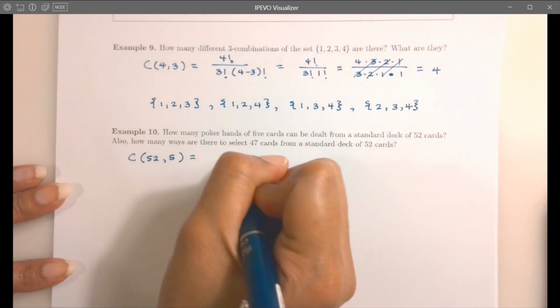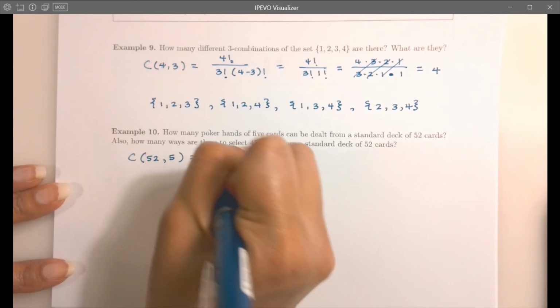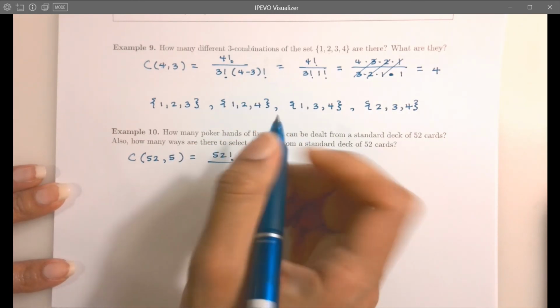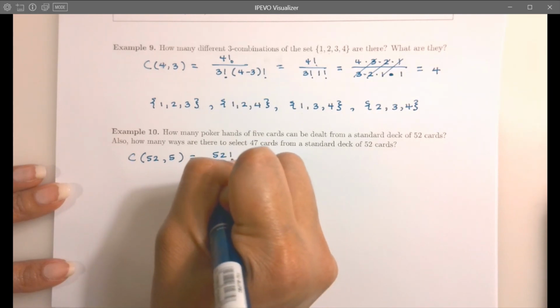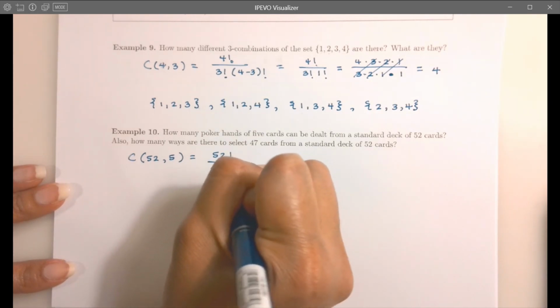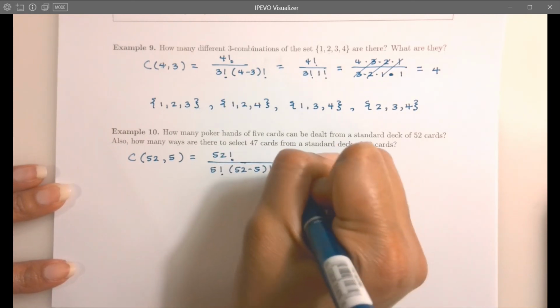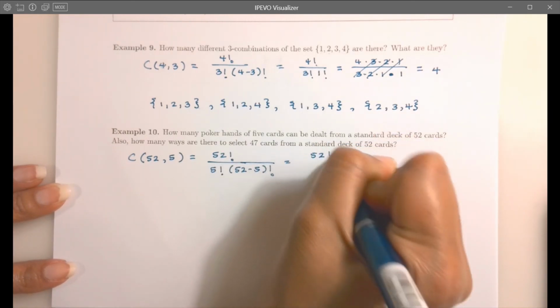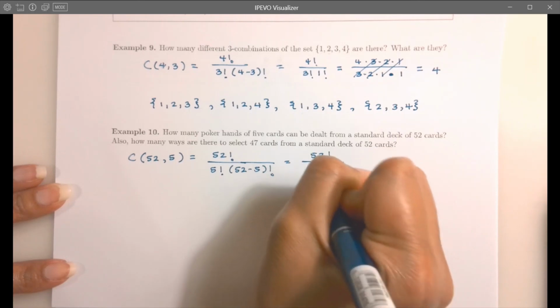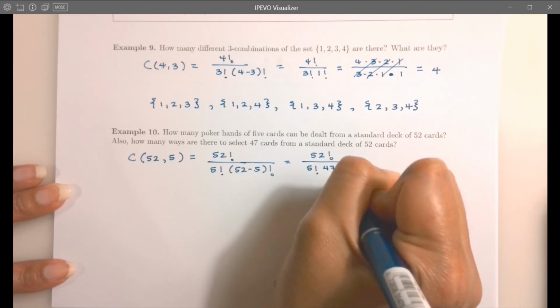And so according to our theorem, that means that we would have 52 factorial over 5 factorial times 52 minus 5 factorial. Okay, so that is 52 factorial over 5 factorial times 47 factorial.